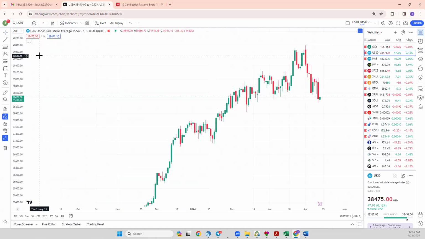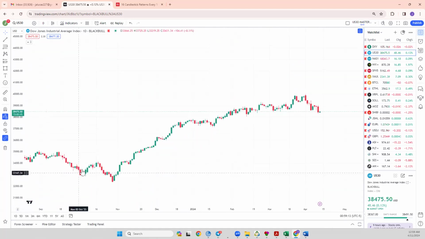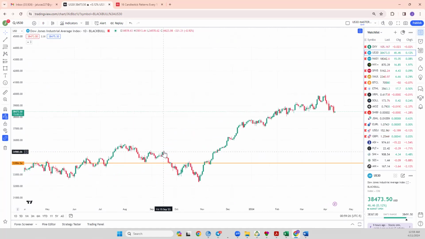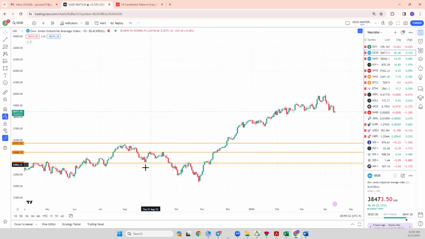I'm going to let you practice on the 15 minute. For me though, since I'm getting a little bit tired, I'm going to practice on the daily so I can shorten this up a little bit. So let's mark out those same levels that we marked out before. I think those were them, and I think we had this one also.